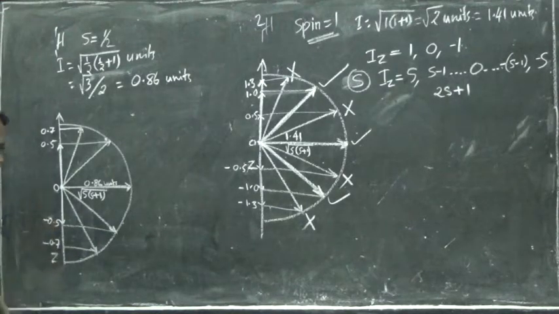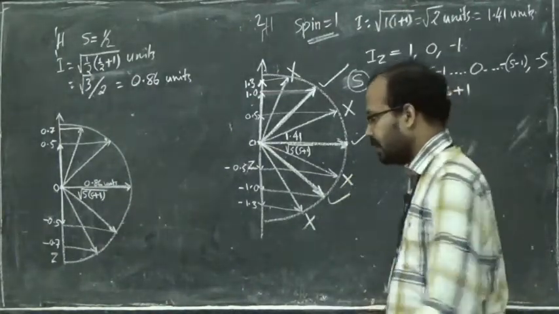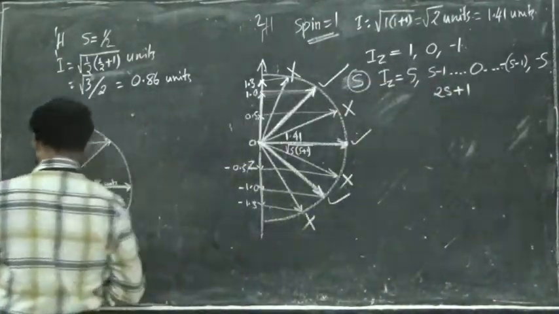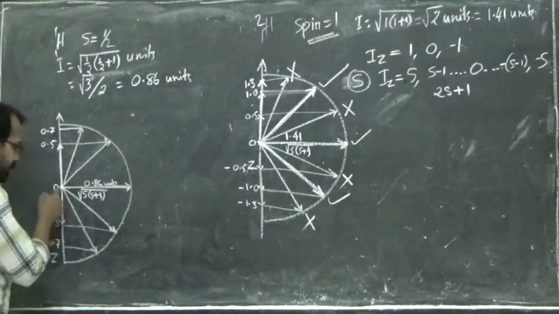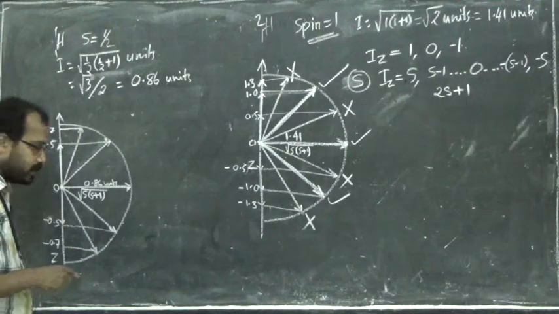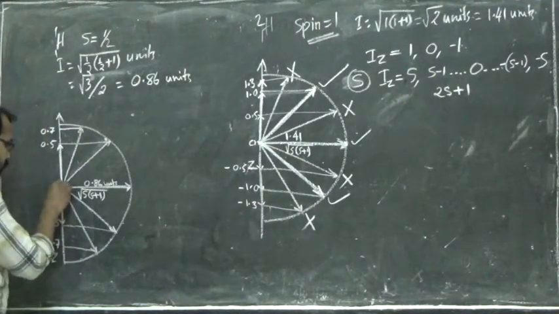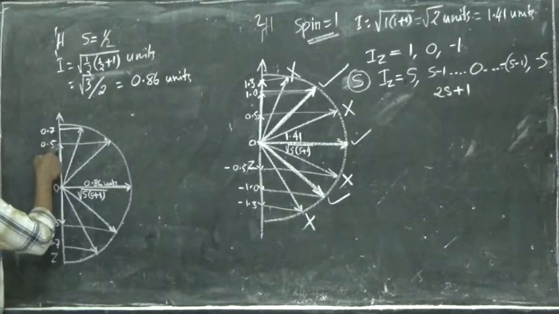So I have drawn the different components there. See, the component is also a vector, and all the components are in the z direction. Their magnitude should be measured from the origin, from 0 to here.